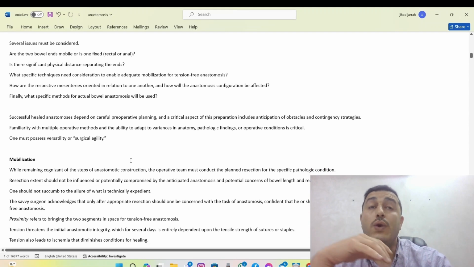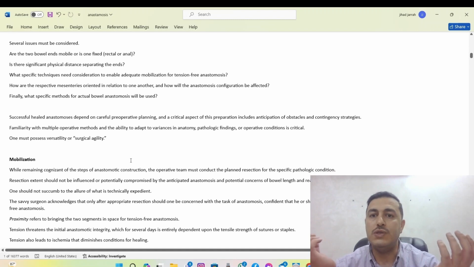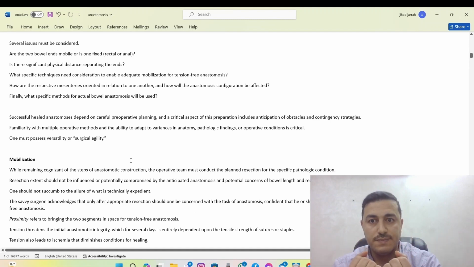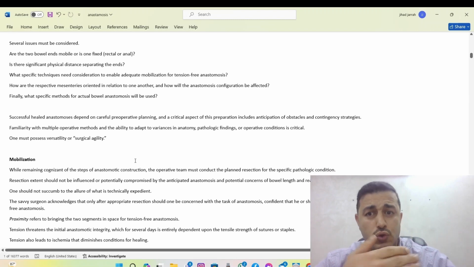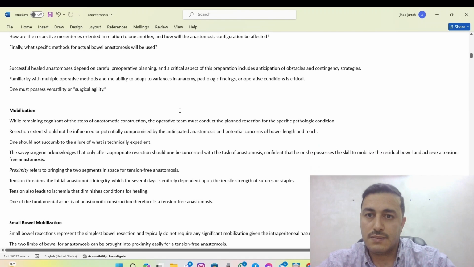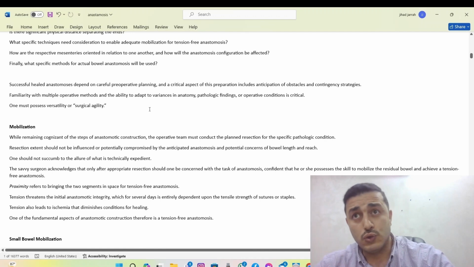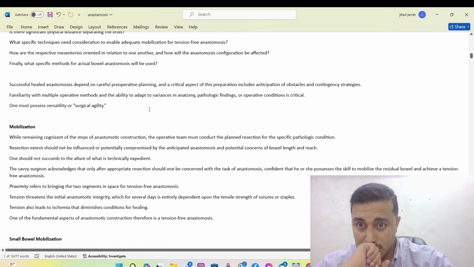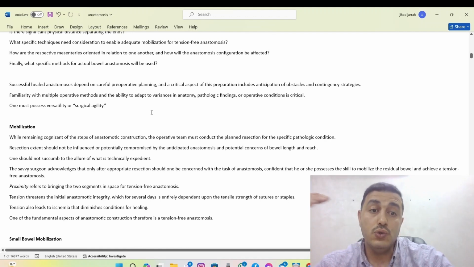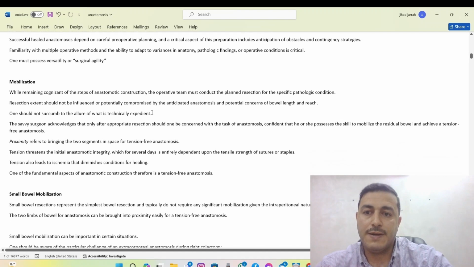And what technique am I going to use for mobilization to reach a tension-free anastomosis? And then what configuration I'm going to do, side to side, end to end. So this is important to know preoperatively.